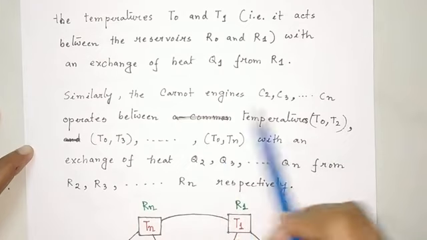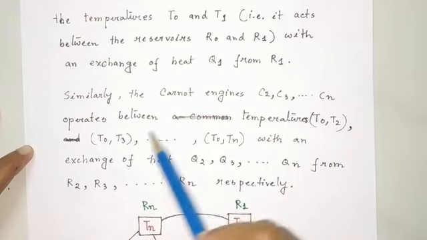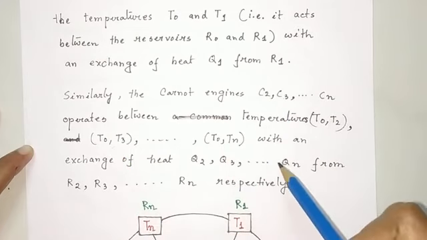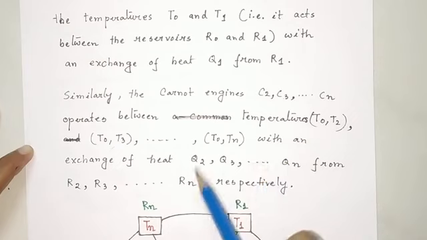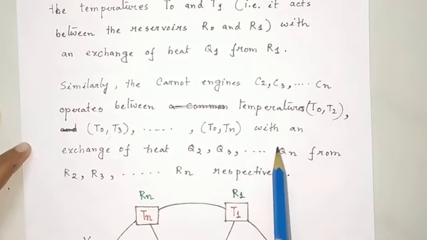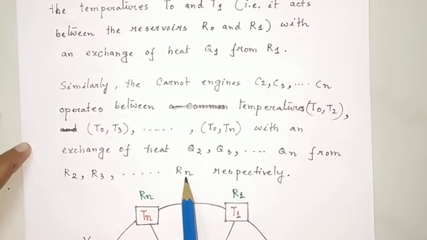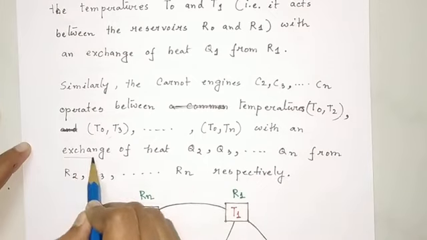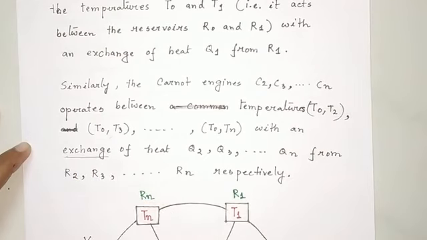So C2 acts between T0 and T2, C3 acts between T0 and T3, and Cn acts between T0 and Tn, with an exchange of heat Q2, Q3, up to Qn with reservoirs R2, R3 to Rn respectively. Here you see the term exchange is used. It is not said whether the heat is absorbed or rejected.